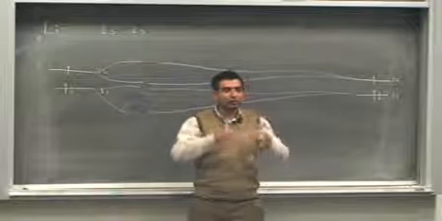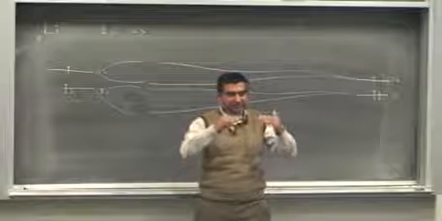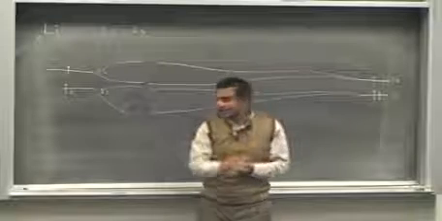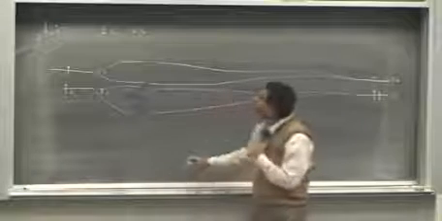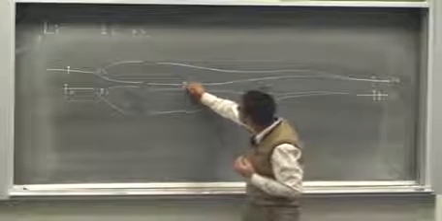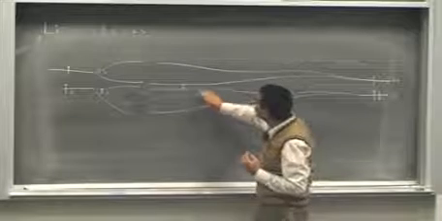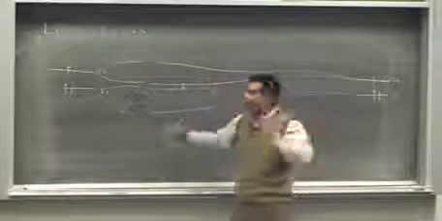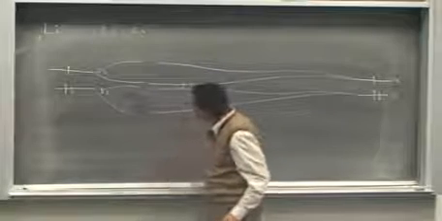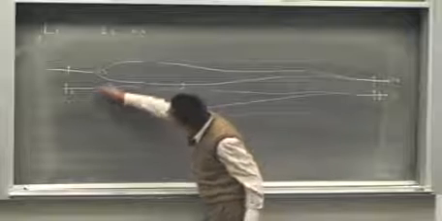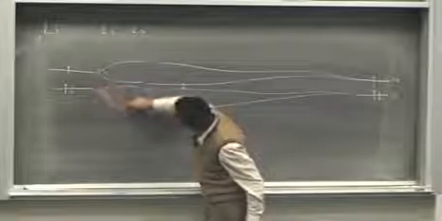And those levels are so close together that you form bands. And then there is always the probability that there exists a gap between this band and this band. So with a large number of atoms, you would get a large number of energy splittings, a large number of component levels.